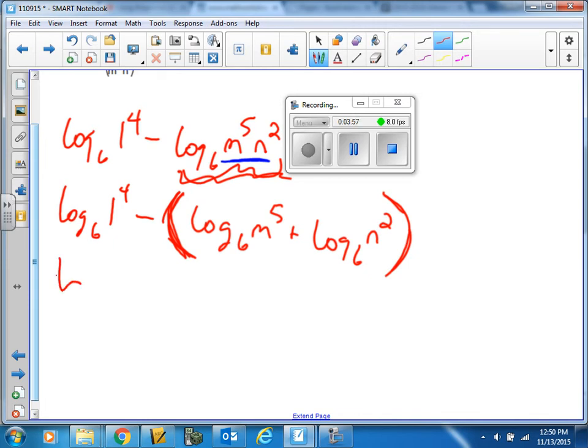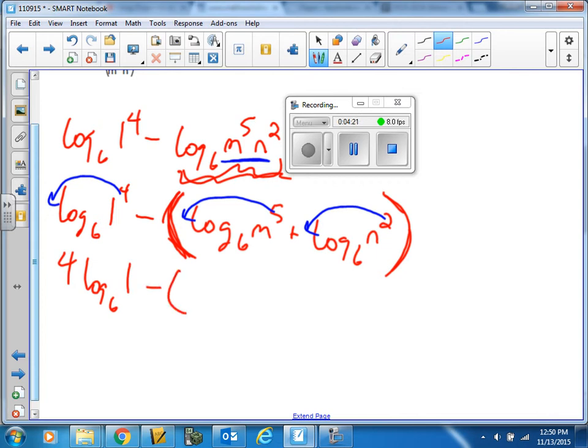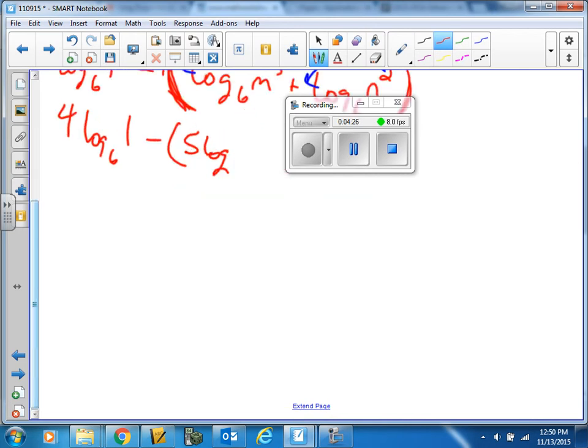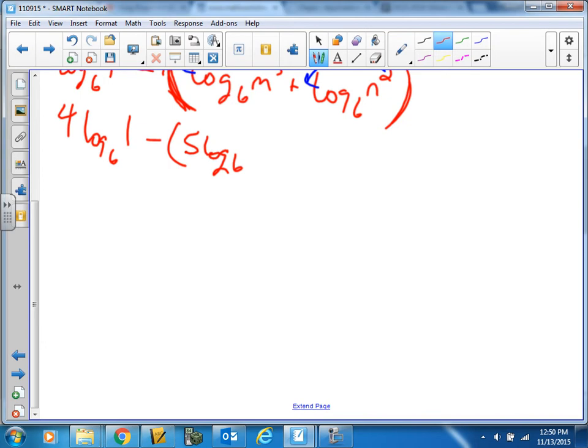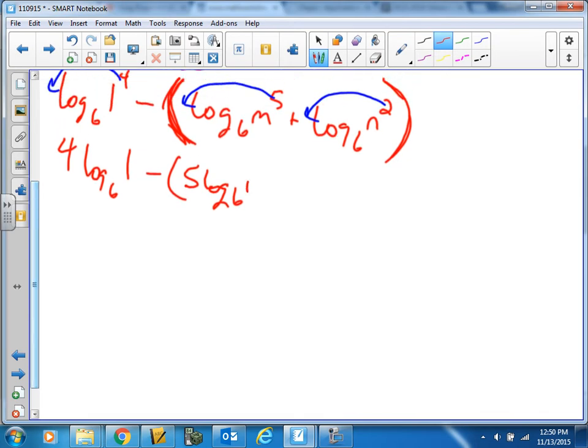Now I'm going to have log base 6 of L to the 4th. Well, matter of fact, at this point, I can drop that exponent down. So why don't I do that right now? I can bring this 4 down, and I can bring this 5 here, and bring this 2 here. So I'm going to have 4 log base 6 of L minus 5 log base 6 of m plus 2 log base 6 of n.